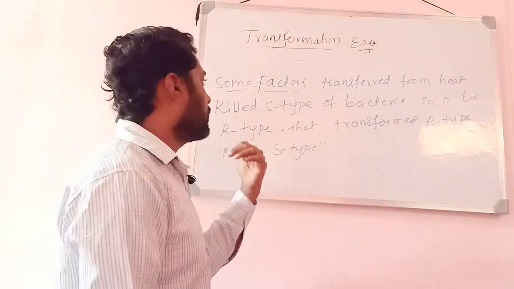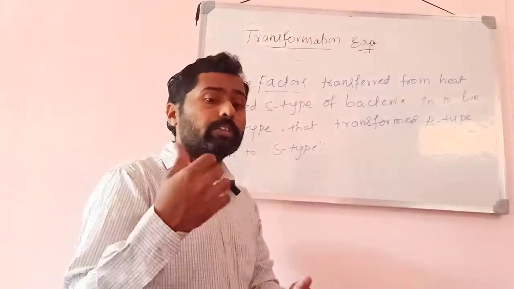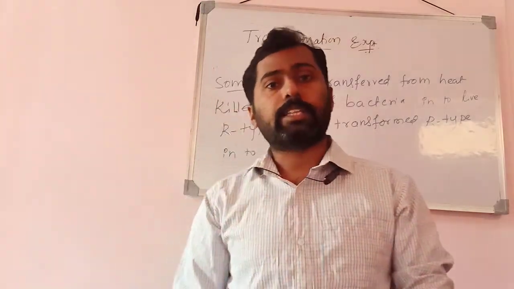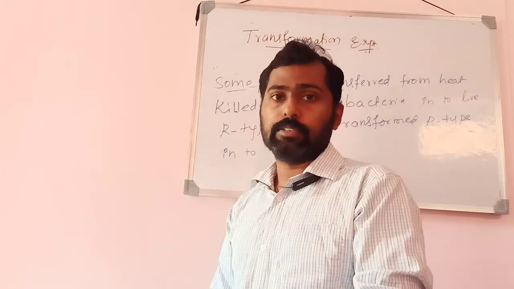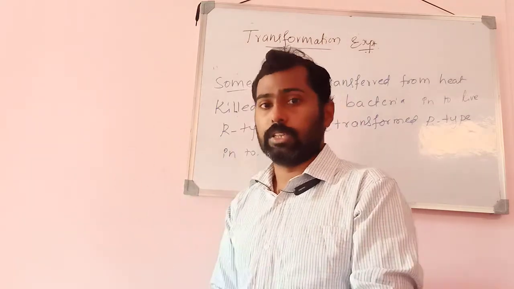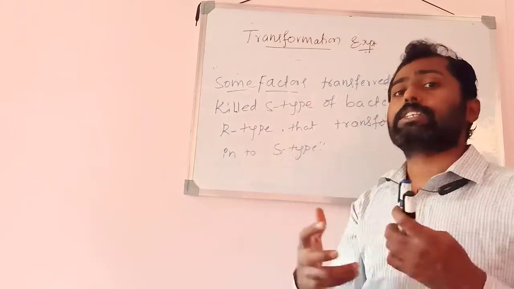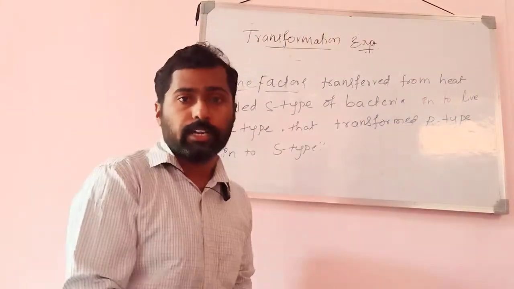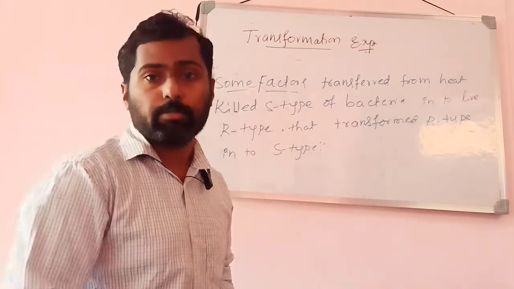In vivo means he carried it out using an animal model. But Avery, MacLeod and McCarty did in vitro studies on transformation, on Griffith's experiment. So later they proved which molecule that is. But Griffith said that some factor gets transferred from S type bacteria to R type bacteria, which makes a conversion or transformation in the R type bacteria.